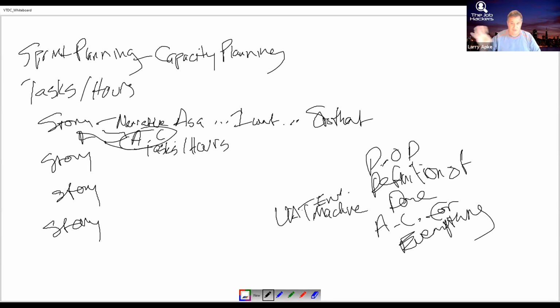I can't get it all the way to my customer in production, but I can get it to them in a user acceptance testing environment. If that's reasonable, then that should be part of your definition of done. If that's not reasonable, it may be that you can only get it into QA environment. You can't get it all the way down, but right now it's QA environment. Hopefully it's QA environment at the least.